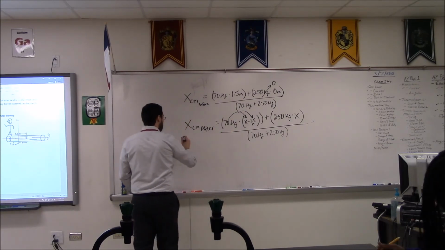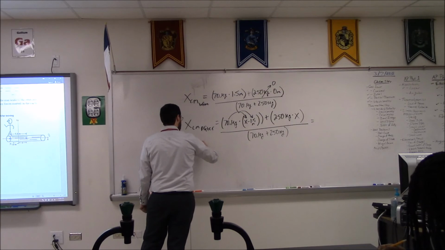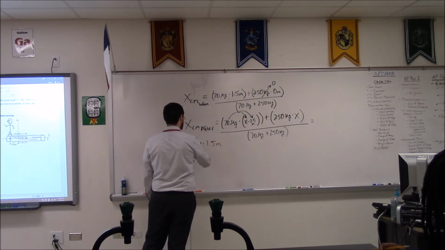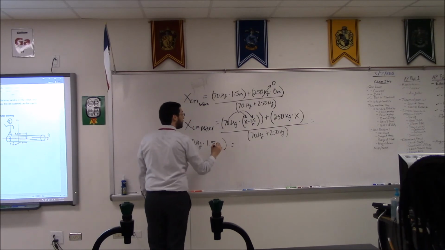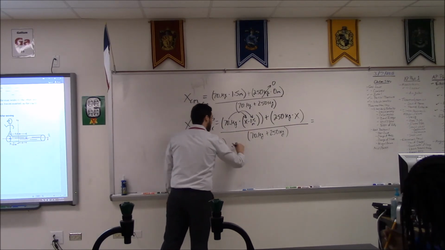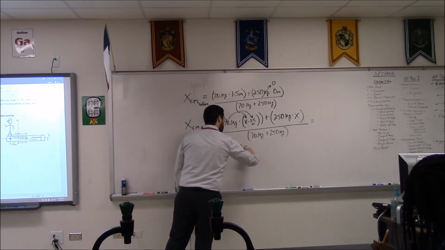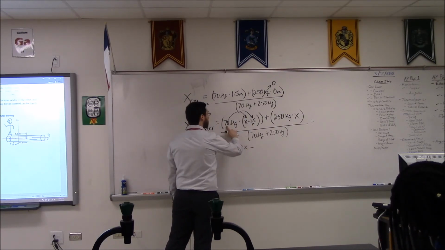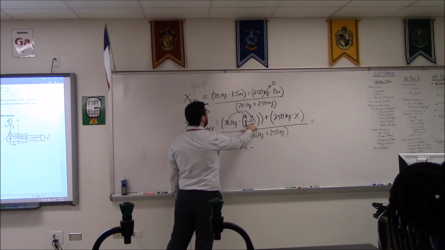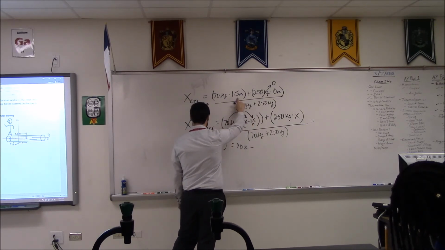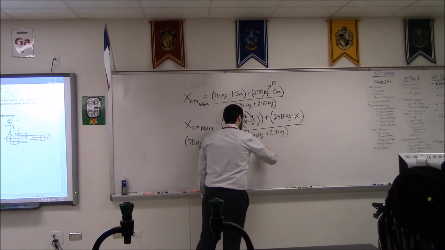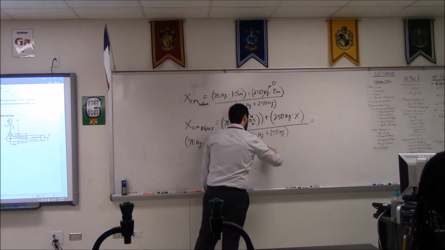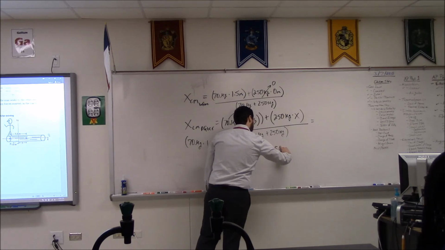So that goes away. That means that 70 kilograms times 1.5 meters is equal to 70x minus, what's 70 times 1.5? That's this thing, right? And then it's plus 250x.